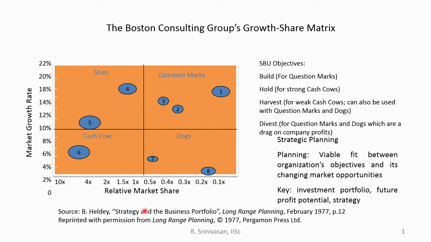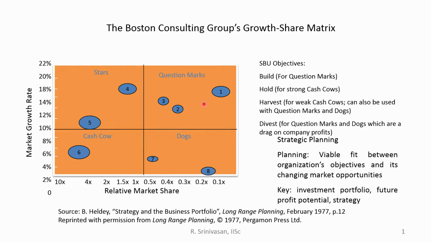As I mentioned, this is a matrix of the market growth rate against the relative market share. The x axis being on the logarithmic scale and the y axis being on the normal scale. The dividing line is 10% here. If you see, this graph is divided into 4 compartments.